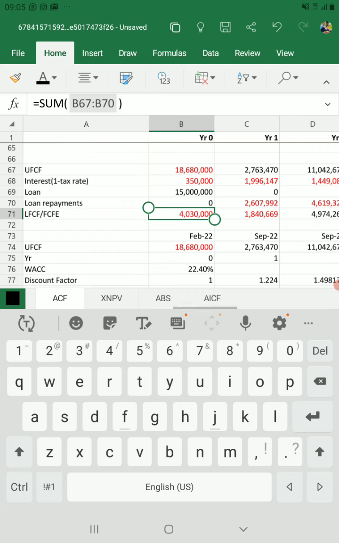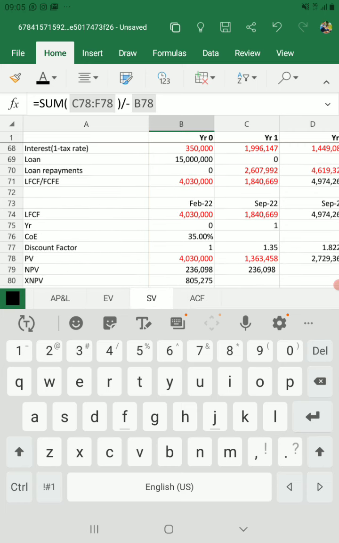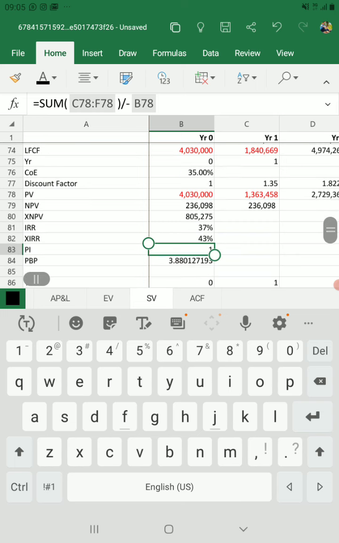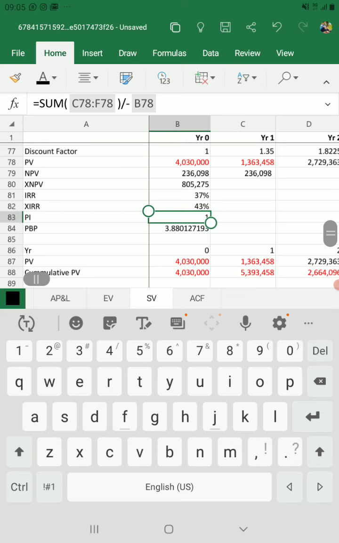I mean, we were doing shareholders value. Okay, so for shareholders value, now you see the valuation metrics become plausible.